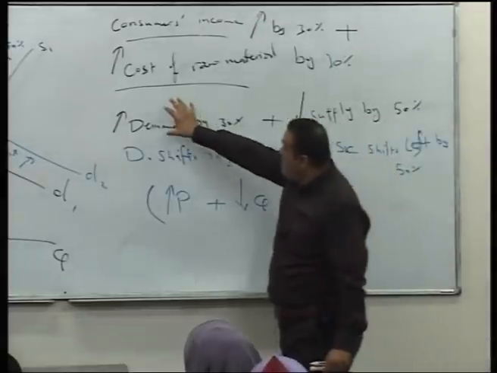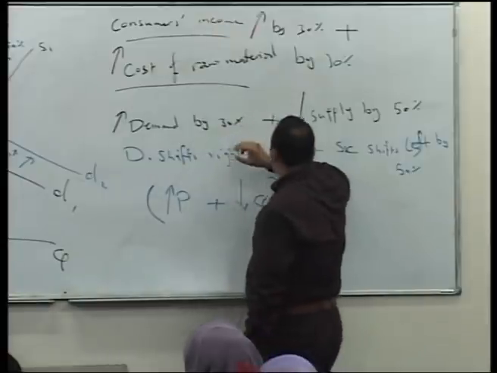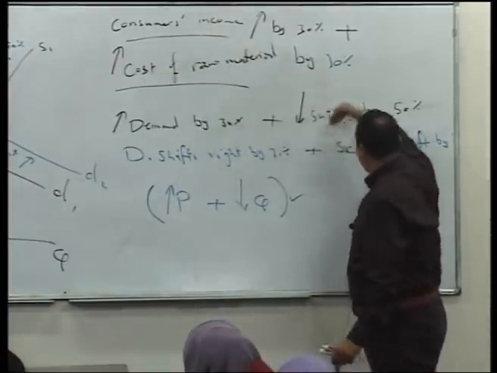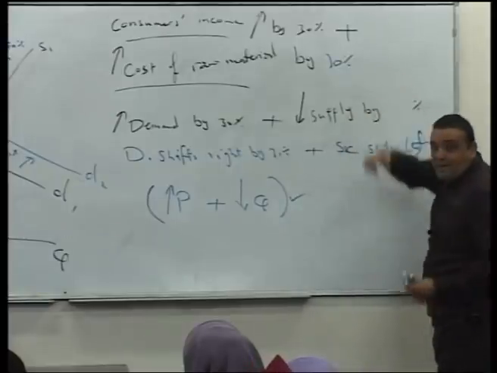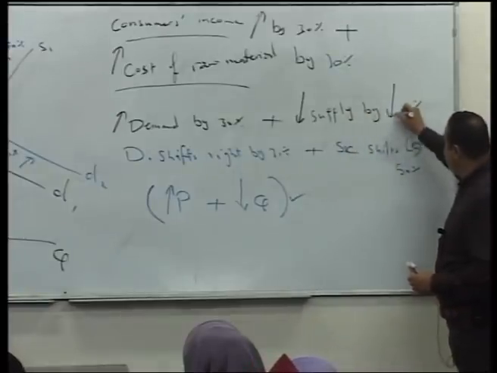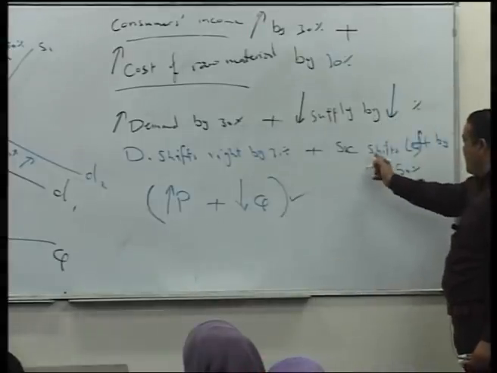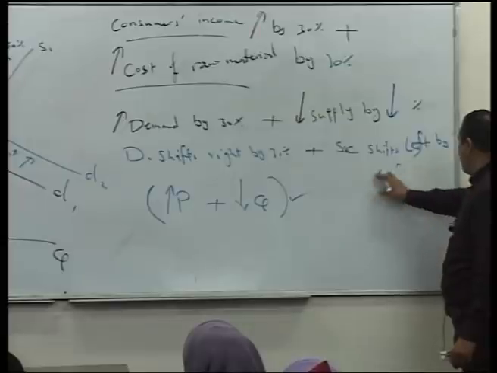The same here: demand will go up by 30%. Supply declined by 10% only. So here demand shifts right by 30%. This supply curve shifts by 10%.